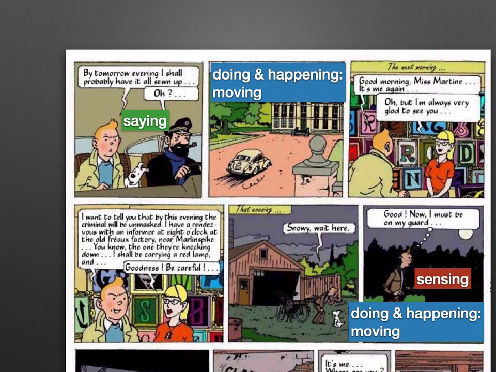Well, there's a representation of not something Tintin says, but something he thinks. And that's represented not as a speech balloon, still as a partition, but as what we might call a thought cloud. So we have these different kinds of experiences sorted out by the conventions of the comic strip.